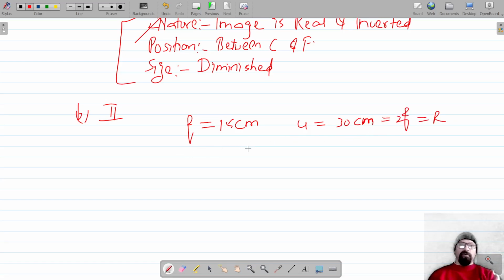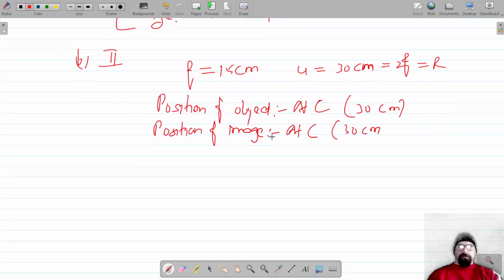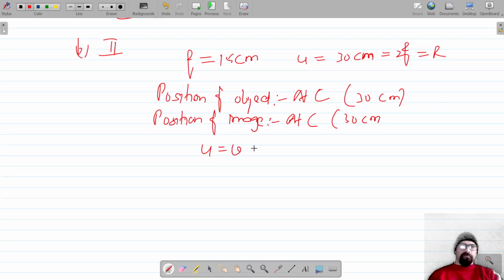So that means the position of the object is at C. So when the object is at C, which is 30 centimeter here, the image is also formed at C, which is 30 centimeter. So image distance and object distance are both 30 centimeter.